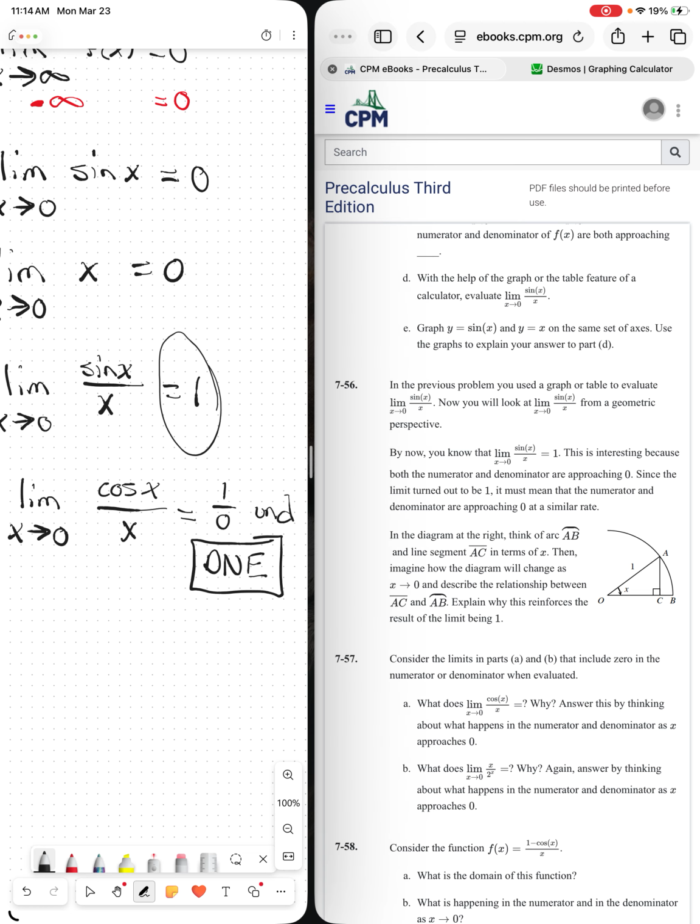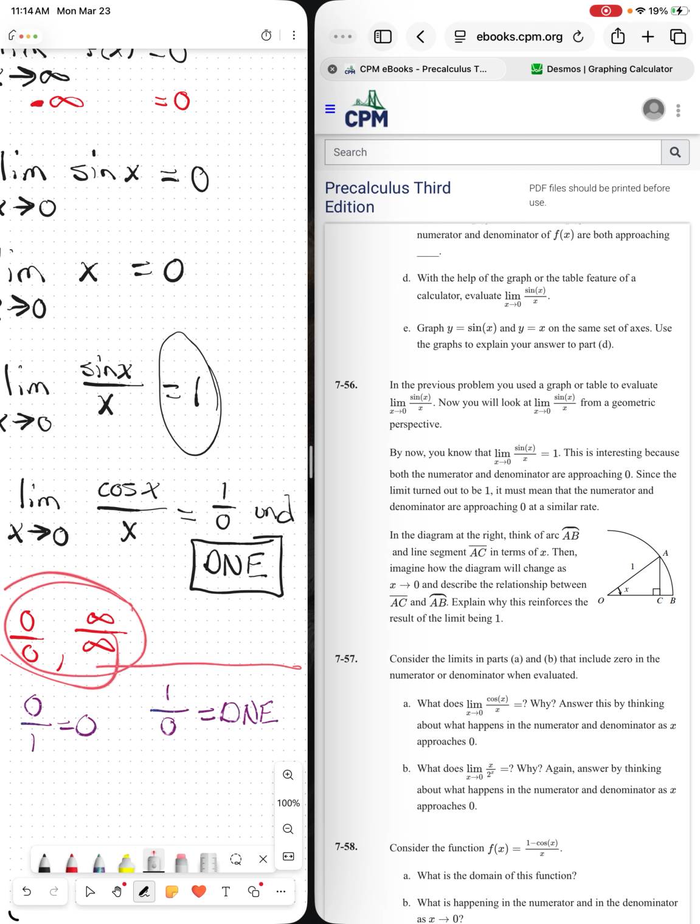When we get 0 over 0 or infinity over infinity, those are what are called indeterminate forms, and we have to do something to determine the limit. But if we get, for example, 0 over 1, we get 0. Or if we get 1 over 0 or some number over 0, that does not exist. So indeterminate form versus an actual answer.